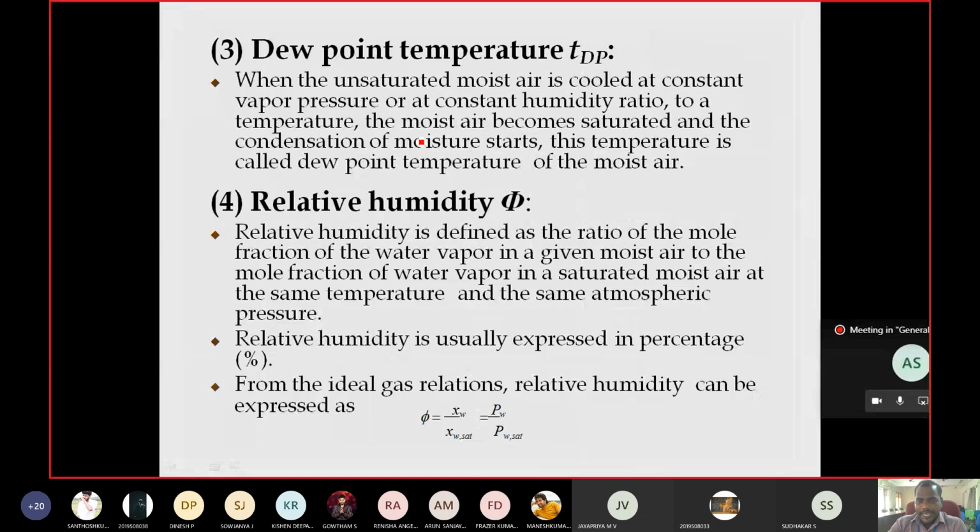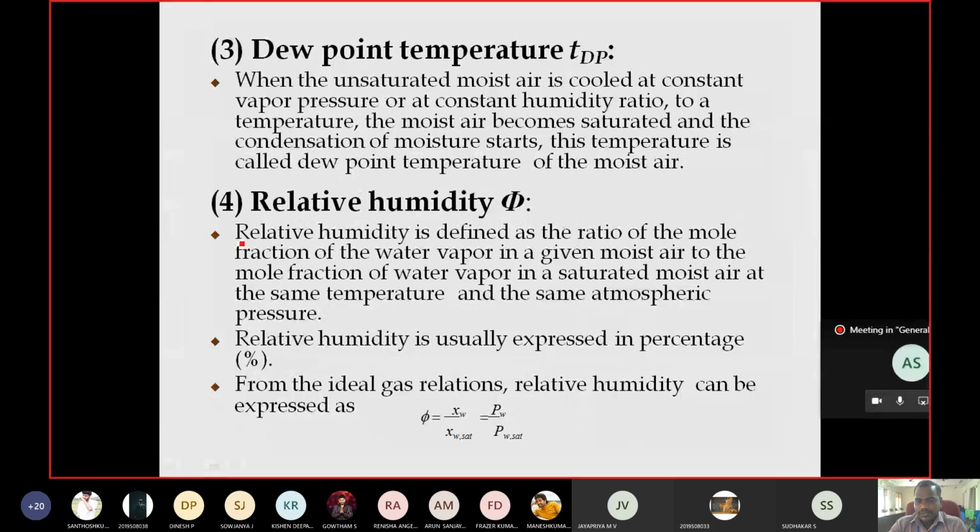Then the next term is relative humidity, RH. You may know the term RH. RH means relative humidity. The relative humidity is defined as the ratio of the mole fraction of the water vapor in the given moisture to the mole fraction of the water vapor in saturated moisture at the same temperature and the same atmospheric pressure, right?